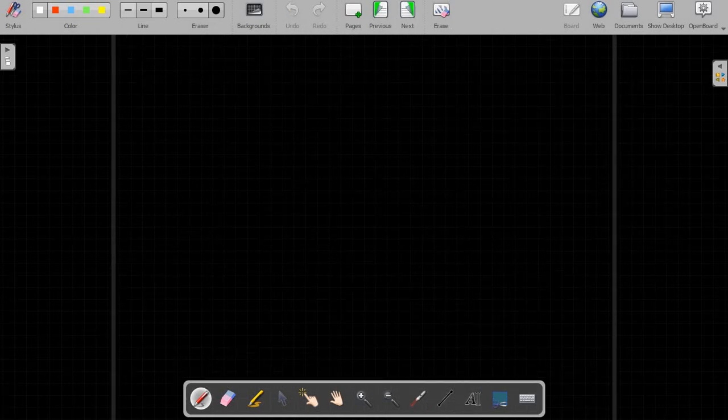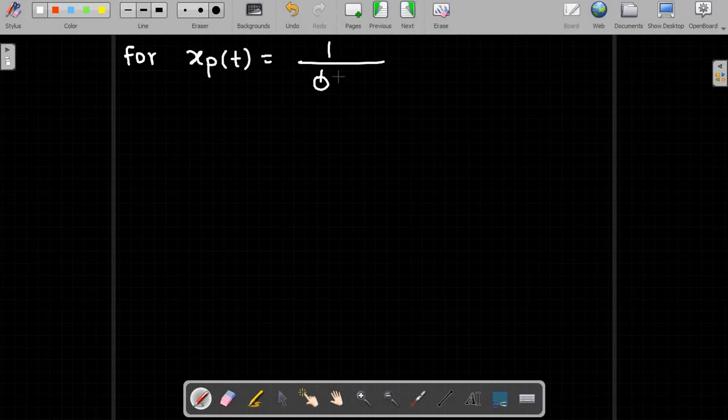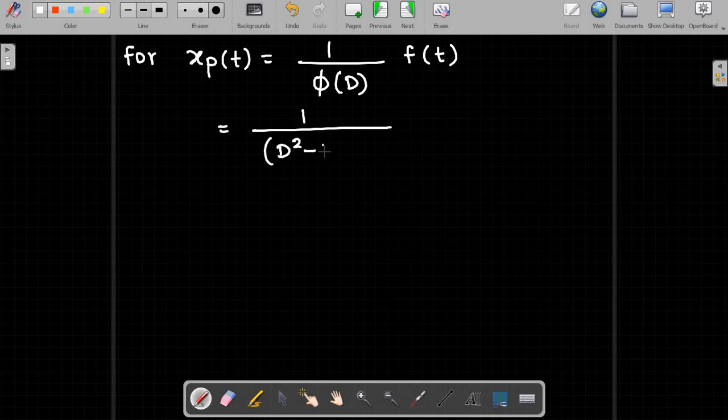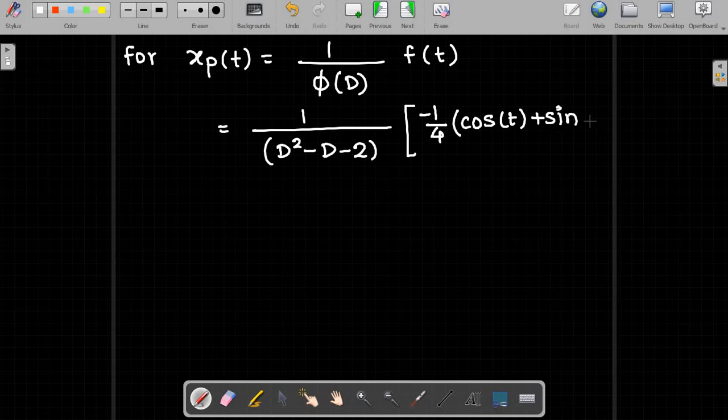So for calculating the particular integral for variable x in terms of t, we operate the auxiliary equation on the function of t. That is, our auxiliary equation is D square minus D minus 2 and the function of t is minus 1 by 4 into cos t plus sin t.